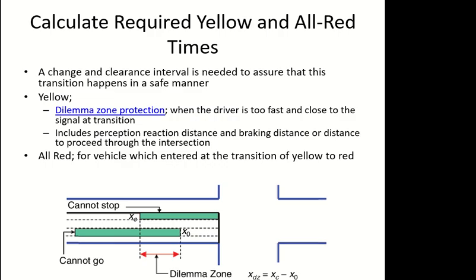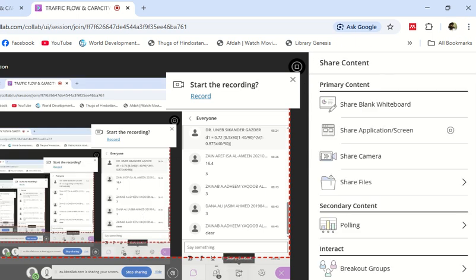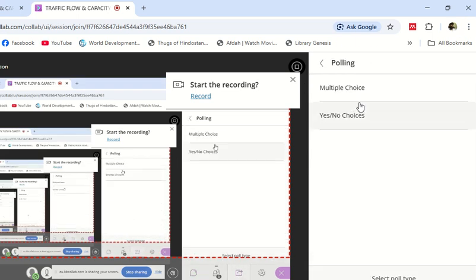Yellow time we know. Now we have two yellow times on our signals. We have yellow time when the signal goes from green to red, and we have yellow time when the signal goes from red to green. So according to you, which yellow time is more critical?